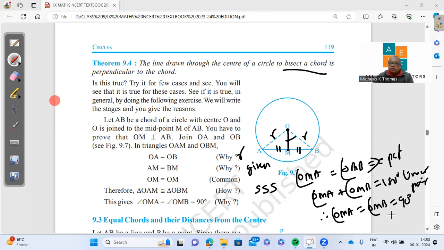So OMA equal to OMB, 90. And if they are 90, we can say that this line is a perpendicular. So the line drawn from the center of the circle bisecting a chord, or the midpoint of a chord, is a perpendicular, or this line will be perpendicular to the chord. This is our theorem number 9.4.